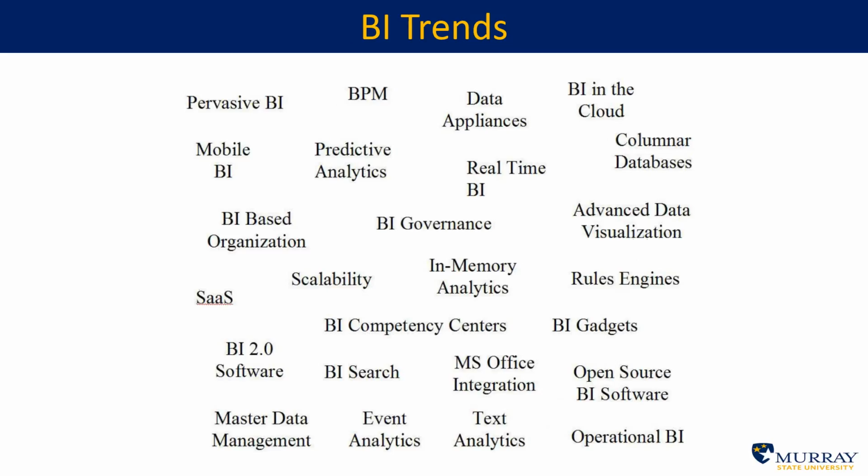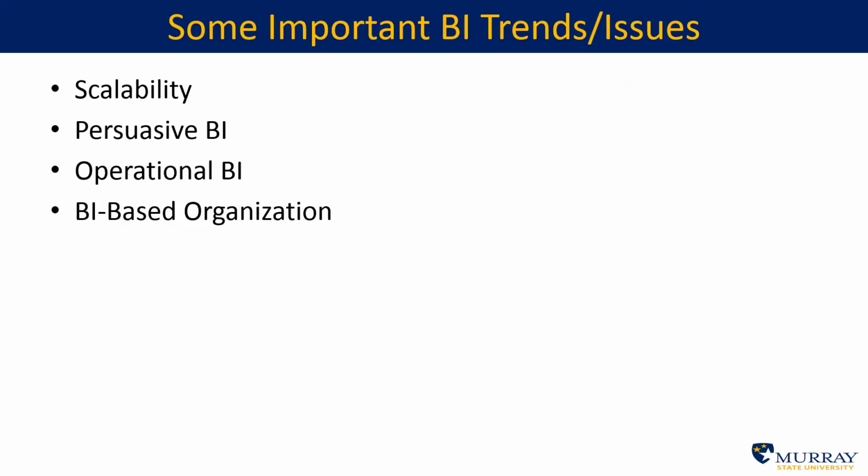Now, business intelligence is a rapidly evolving field. In fact, I would say that this is one of the hottest trends, one of the hottest topics in business nowadays. There are a lot of jobs being created in business intelligence, data science, or business analytics. There are different terms being used for that. So there are all kinds of trends, and I'll just mention some of them.